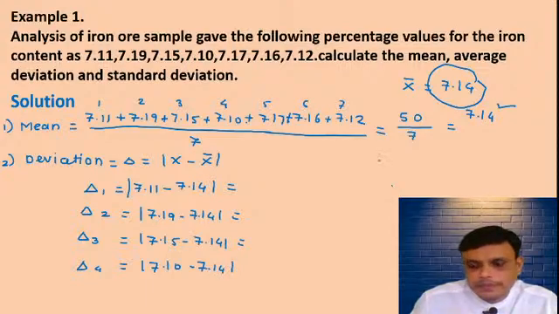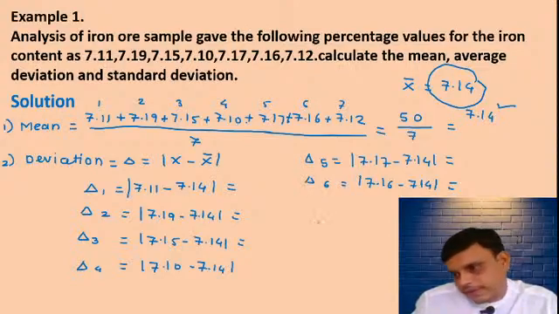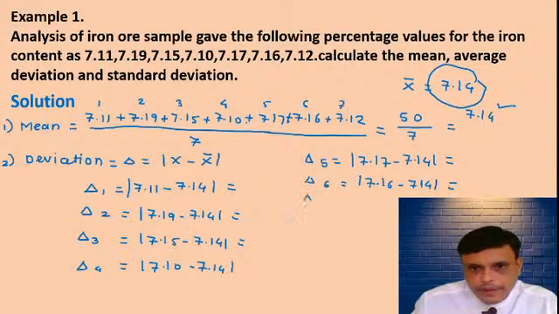Then del 5 is equal to 7.17 minus 7.14. Then del 6 is 7.16 minus 7.14, and del 7 is 7.12 minus 7.14.